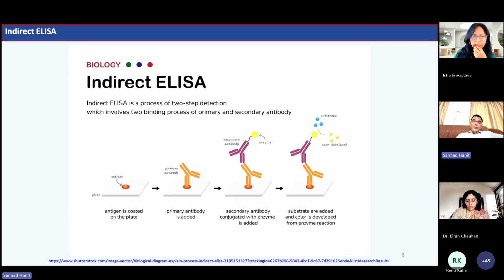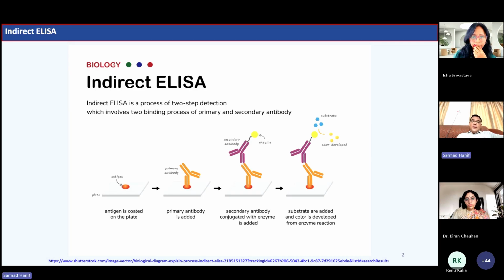So we take the sera and put it in the well, which is already coated with an antigen. The antibodies present in the sera are very specific for the antigen, so they go and bind to the antigen, firmly bound.